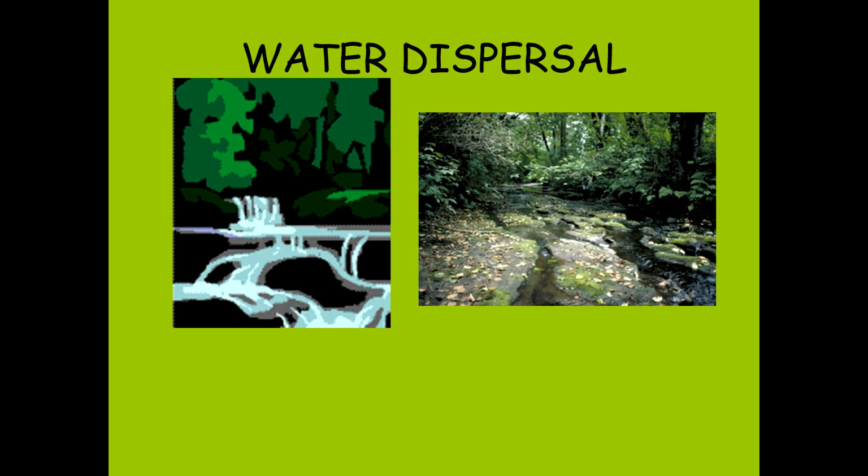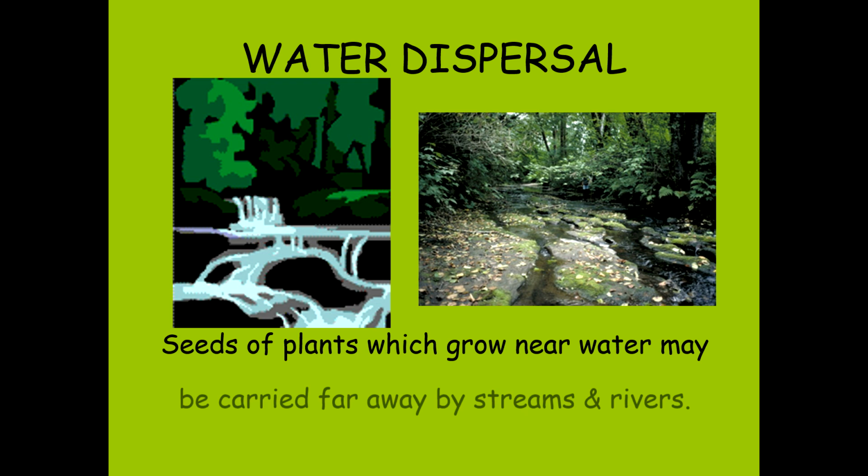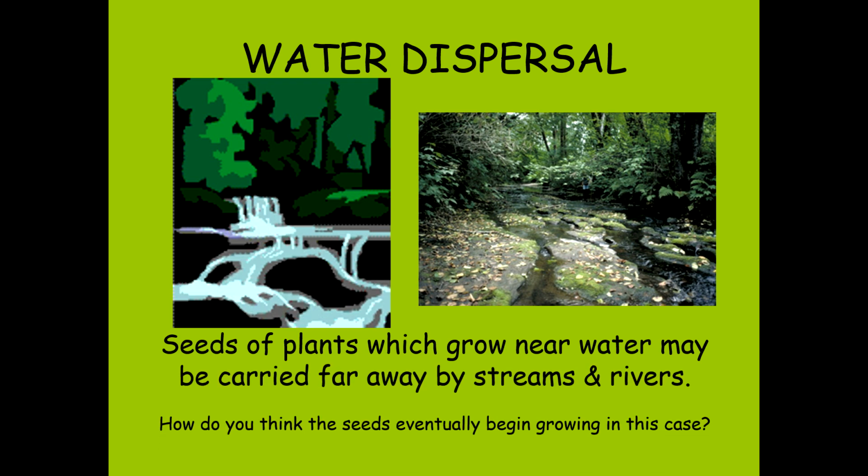The next example is water dispersal. Now, in this picture over here, you can see there are lots and lots of plants that grow next to this river. Now, the plants, they do produce seeds, just like all plants, and they fall into the river and they get washed away by streams and rivers.